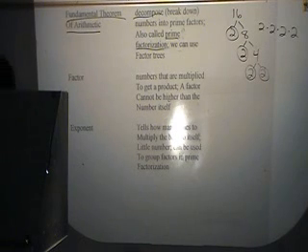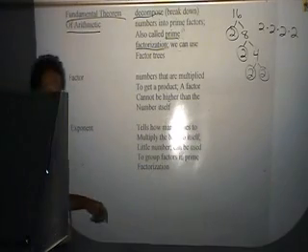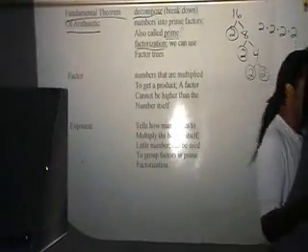All right. Now, the next word is factor. The memory device I'm going to use for factor is actually something that I borrowed from one of your classmates. It's just a simple thing, but I thought that's a good way to remember.